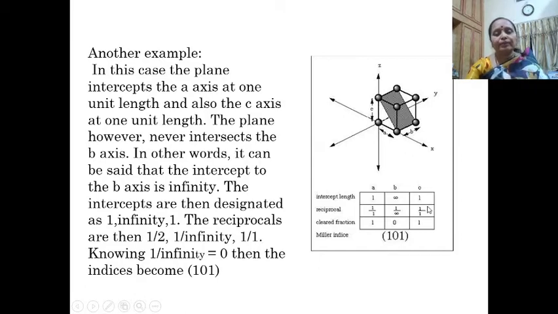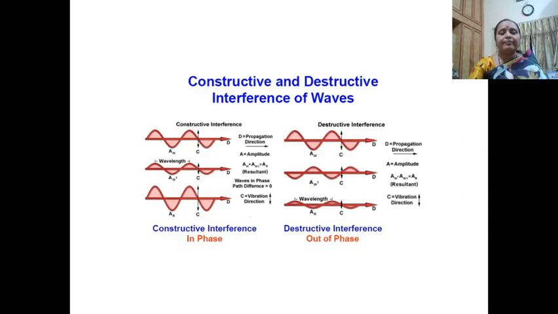Next I take the reciprocal of it. Then I clear the fractions. Once I clear the fractions, this will be 1, this is going to be 0, and this is going to be 1. So in this case, the Miller indices is 1, 0, 1. Like this, we are going to determine the Miller indices.